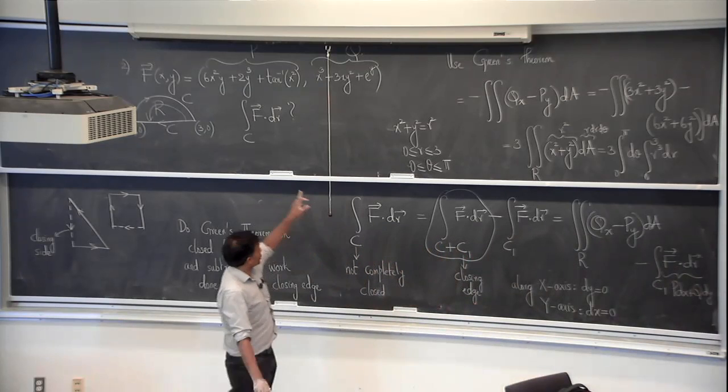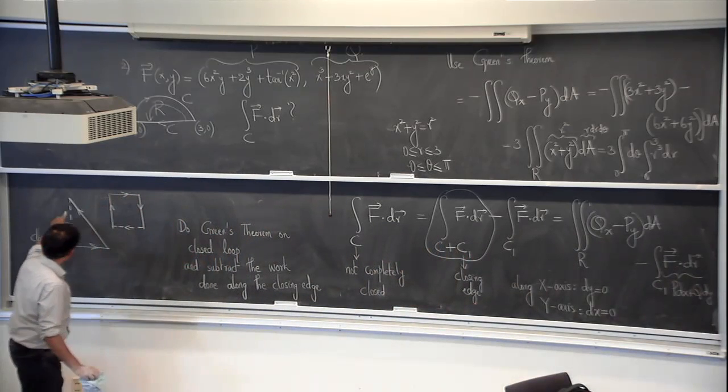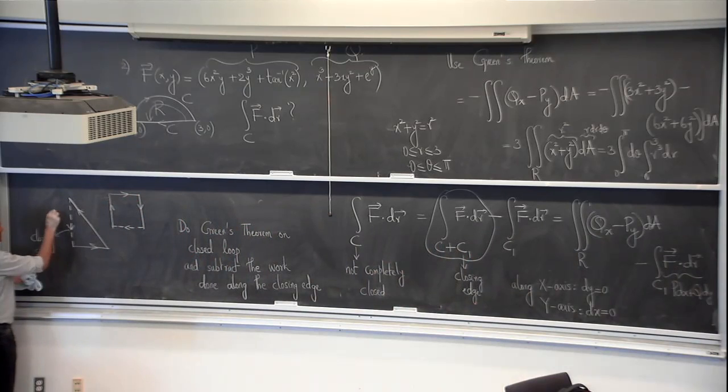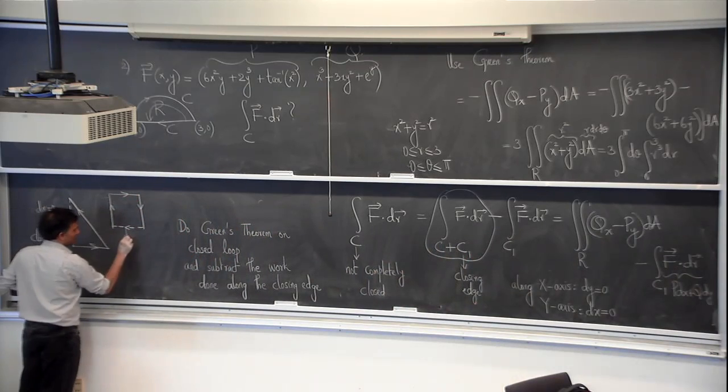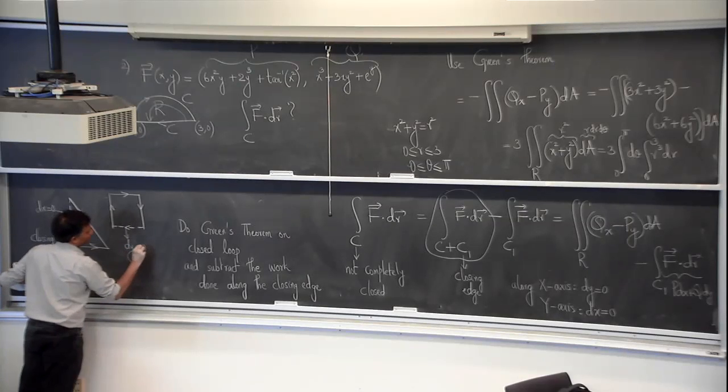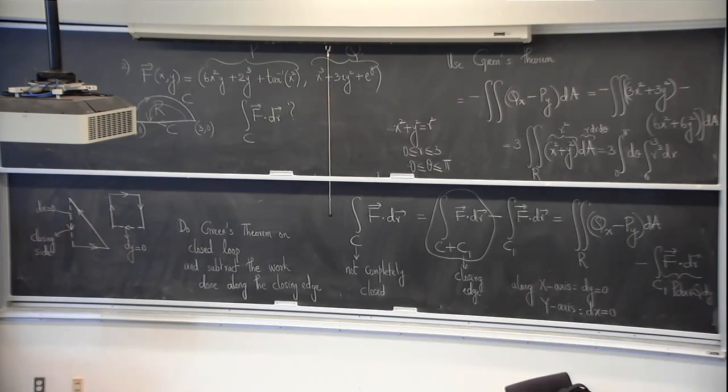It's very important that you close it properly. If you close it along the y-axis, then dx equals 0. If you close it on the x-axis, then dy equals 0. It's very rare that you will see a problem with closing edges along some arbitrary lines. It's always going to be either on the y-axis or the x-axis.